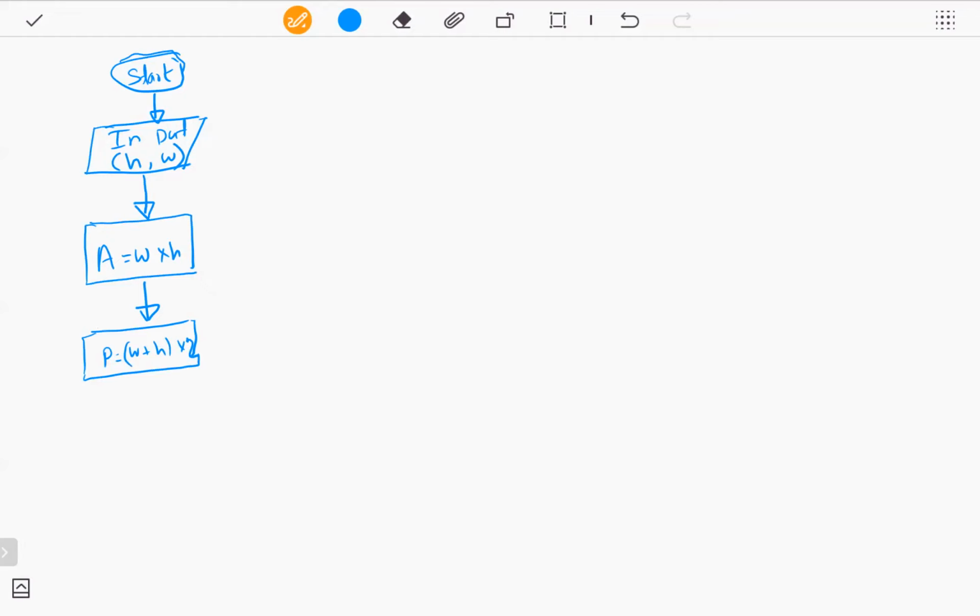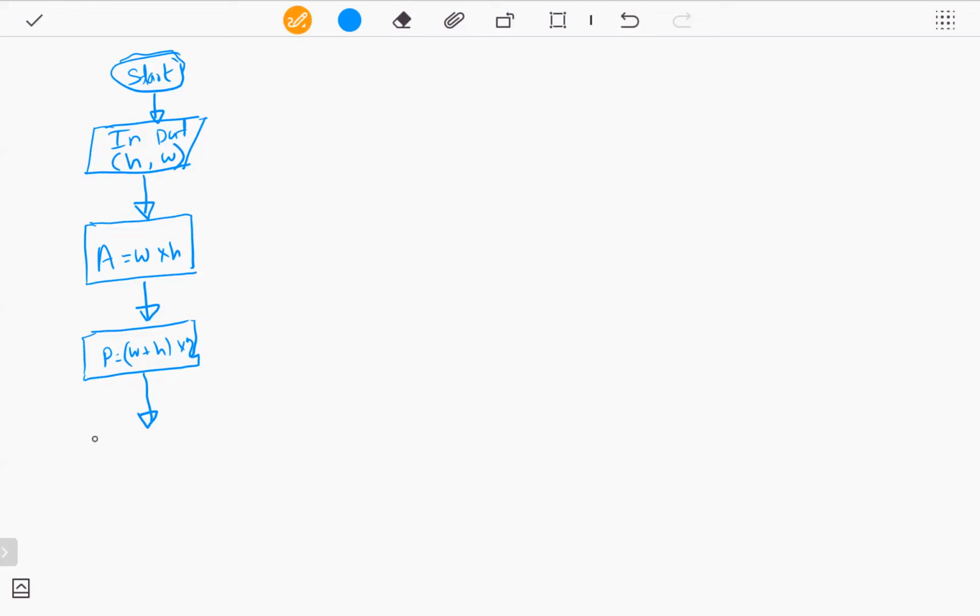Right. Once you finish these two processes, what do you want to do? Finally, now you have calculated area and perimeter. Now it's time to display. That means you want to get the output. Right. Then finally you get this output by using the same symbol. We use it first, this oval symbol. End, sorry. Before end, you want to display.